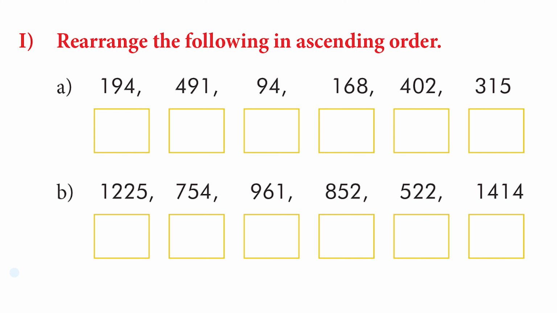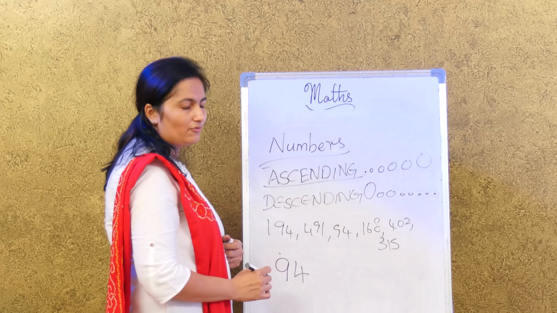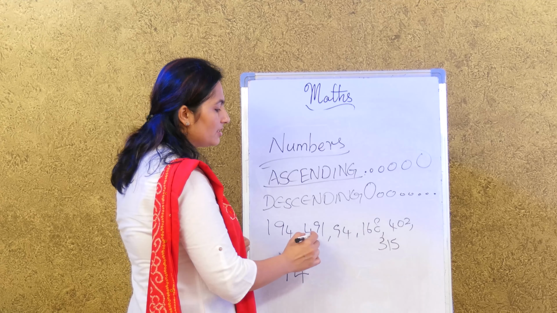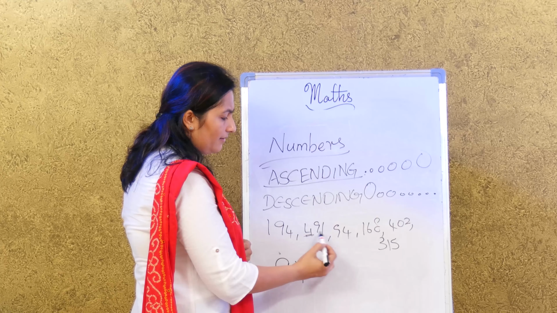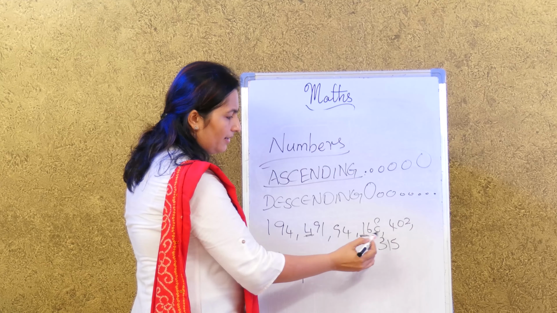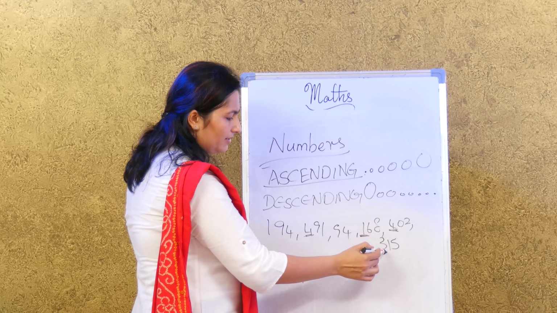So, what is the smallest one here? Everything is a 3-digit number. There is only one 2-digit number. So, obviously the 2-digit number is the smallest. So, we will start with the 2-digit number 94. Then we find which is the smallest of the 3-digit numbers. Look at this. This is 400, this is 100, this is 400, this is 300.